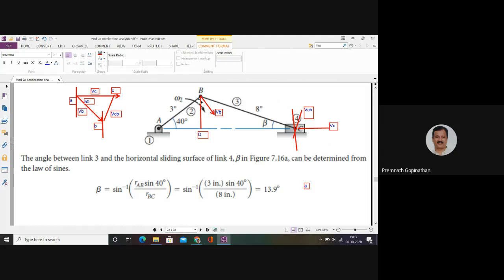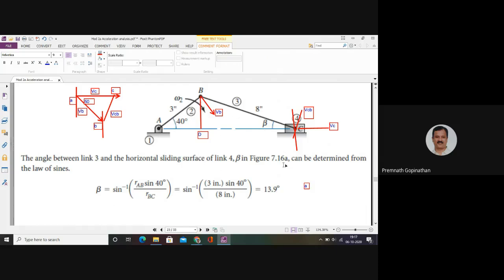Now what you do, you can find out the normal acceleration, that is the centripetal acceleration, for point B directed towards A. That will be obtained as R omega squared, is it not? So R omega squared means AB into omega squared, where R is the radius of rotation of point B.